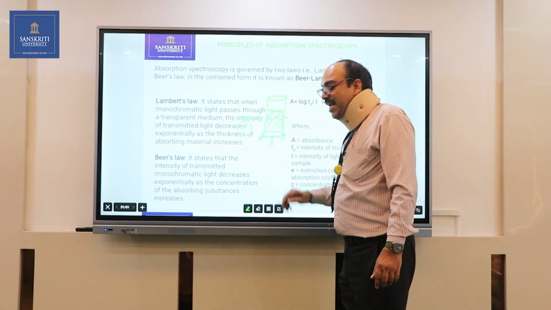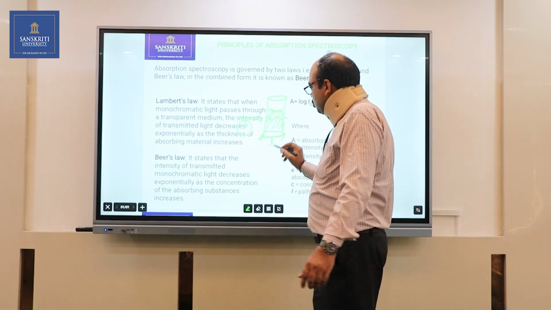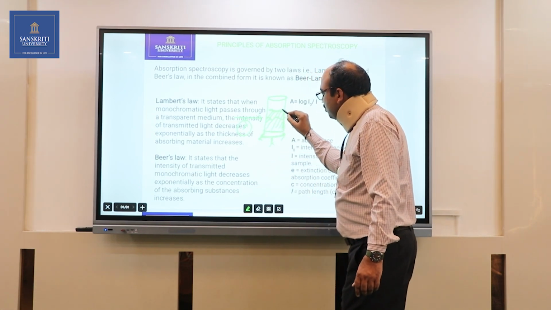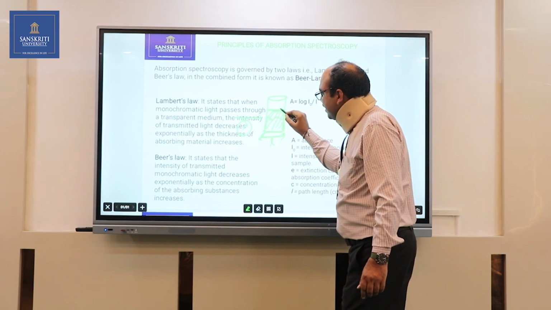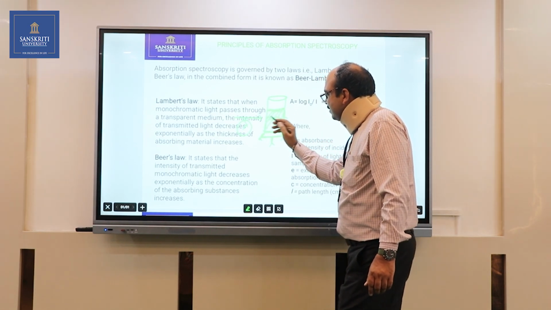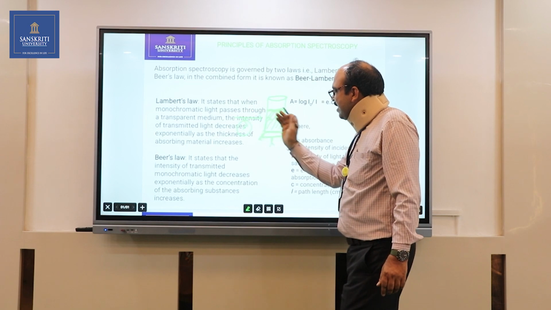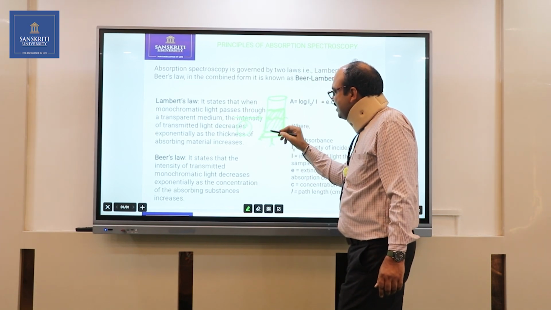We represent the thickness as L or X. The radiation's intensity decreases because of the path it travels, so there is a decrease in intensity.